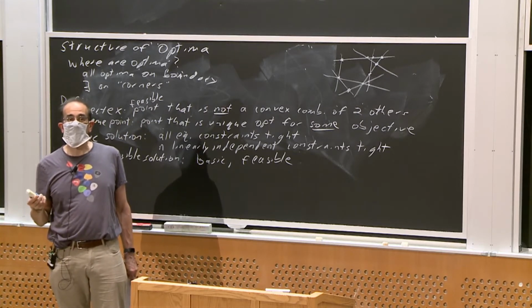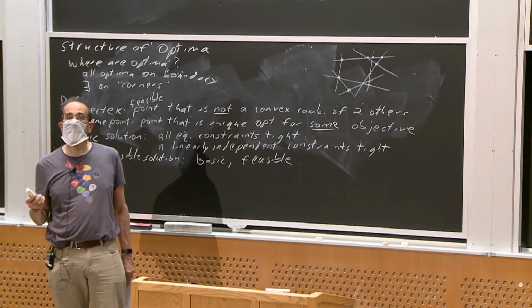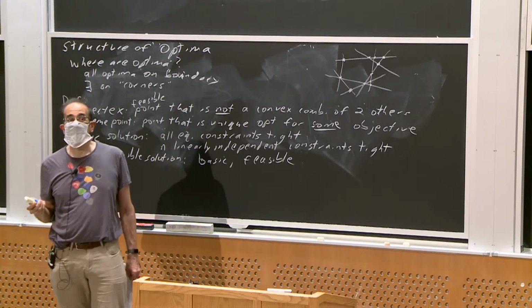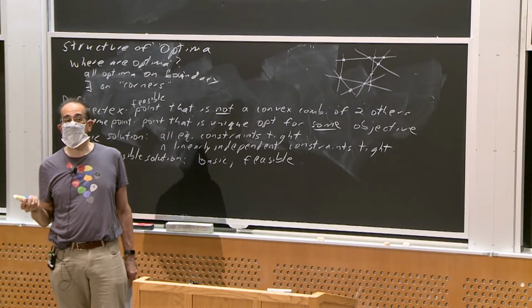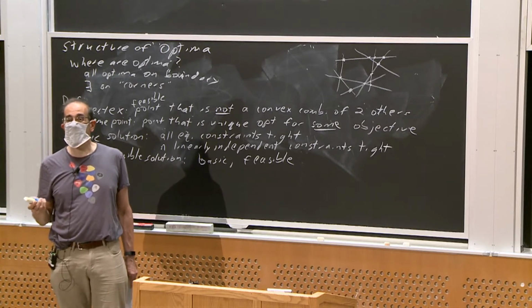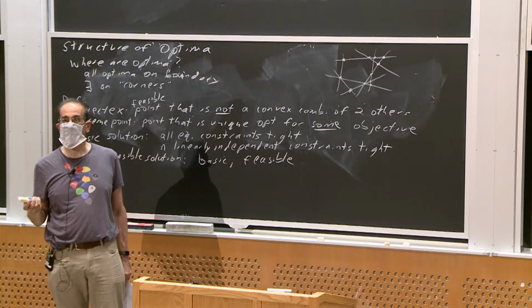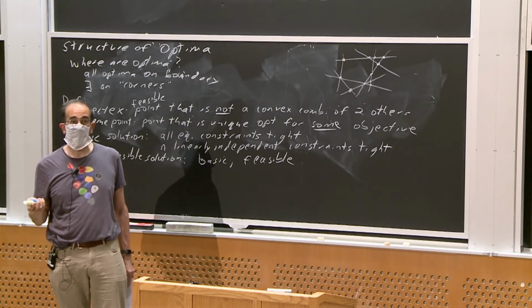And what does that mean? It's at the intersection of all n linearly independent hyperplanes, and that means it is specifically defined, right? There's only one point that is at the intersection of n linearly independent hyperplanes. And if I just tell you the hyperplanes, you can actually compute that point, right?